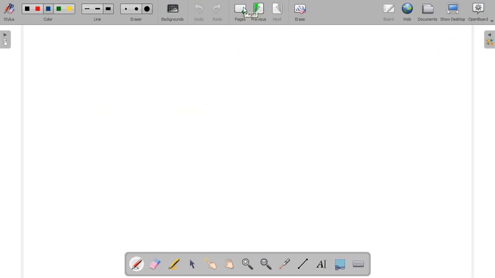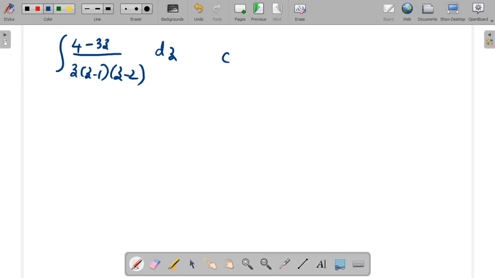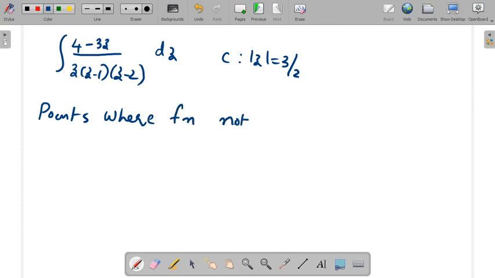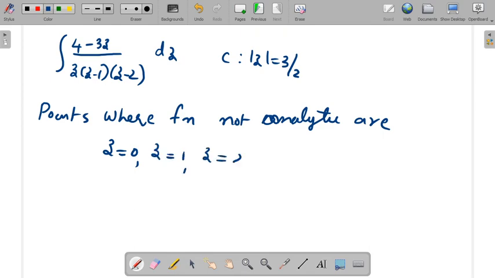Next example: the integral of (4 − 3z) divided by z(z − 1)(z − 2) dz, where C is |z| = 3/2. The points where the function is not analytic are z = 0, z = 1, z = 2.